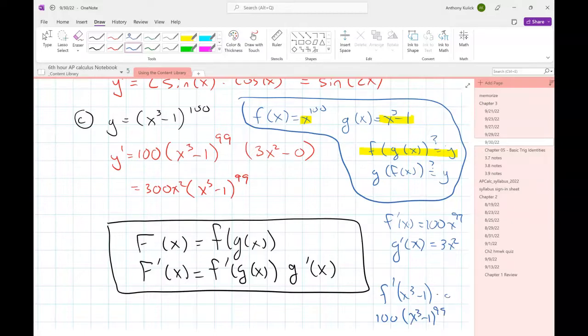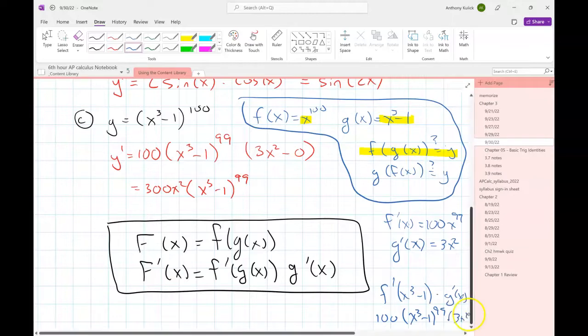And then this was times g prime of x, so this would be times the 3x squared. Right? You can just think about it symbolically too, if that's more convenient for you. And again, when you're starting, it probably will be, right? There's no reason that you wouldn't want to do that as you're starting out.